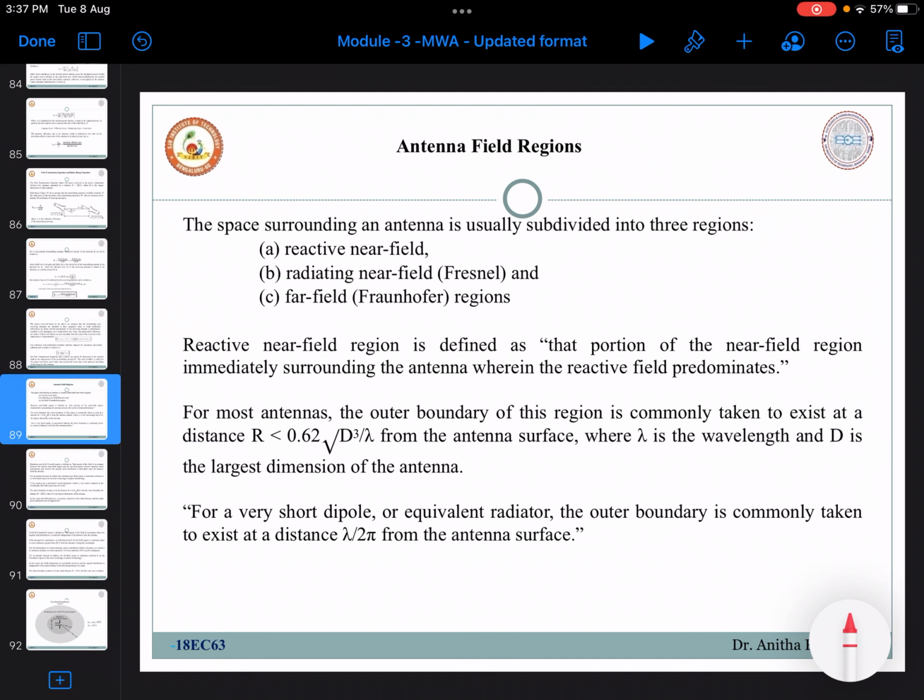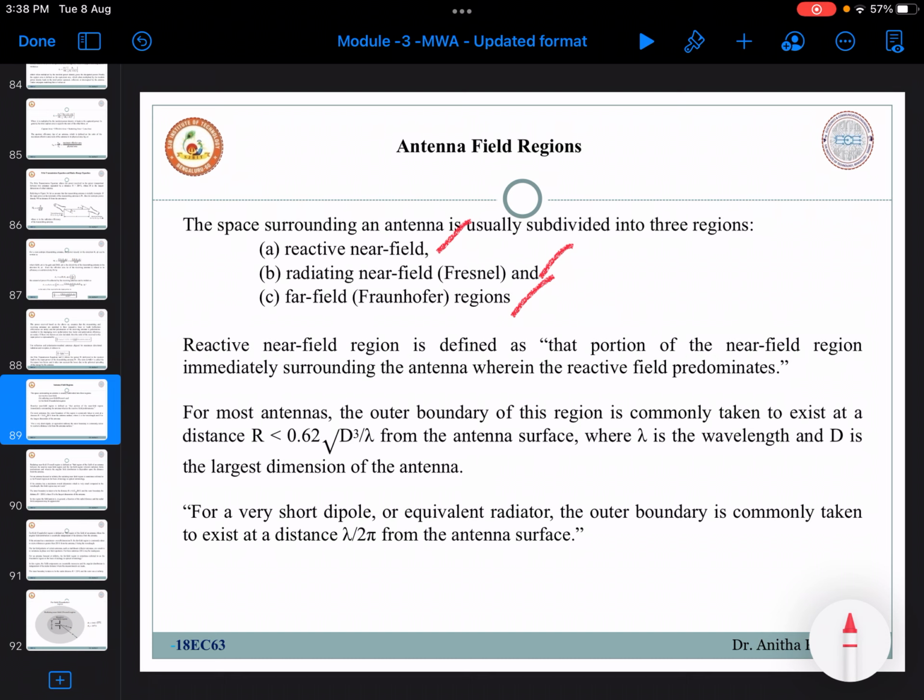Next, the last concept we have is field zones. The space surrounding the antenna is divided into three regions: reactive near field, radiating near field or Fresnel region, and radiating far field. The reactive near field region is the portion immediately surrounding the antenna, where the reactive field is predominating.